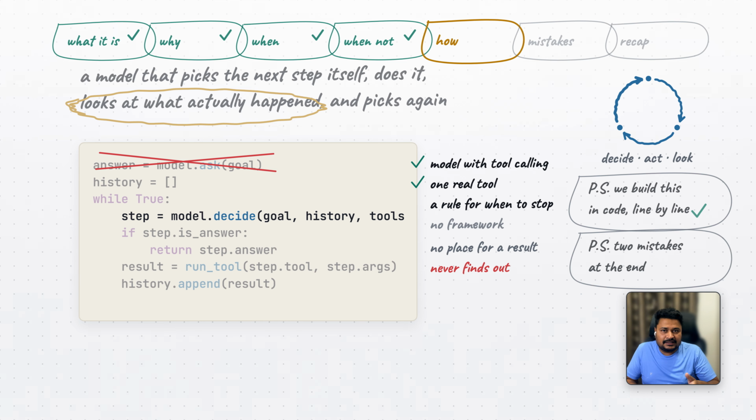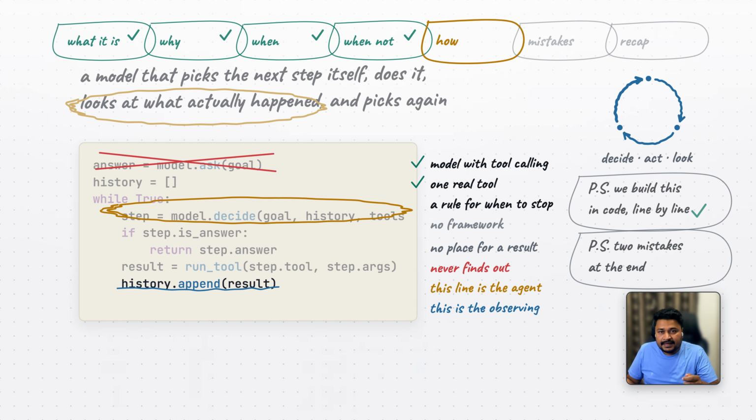That's an agent. That one line where you ask the model what to do next, that's the choosing, and the line that puts the result back into history, that's the observing. Take the line out and you have got a model guessing in the dark.